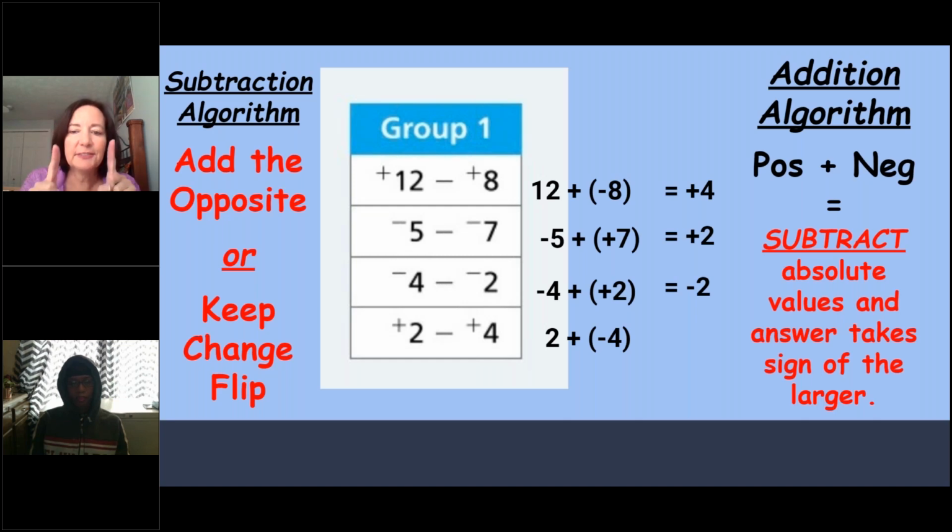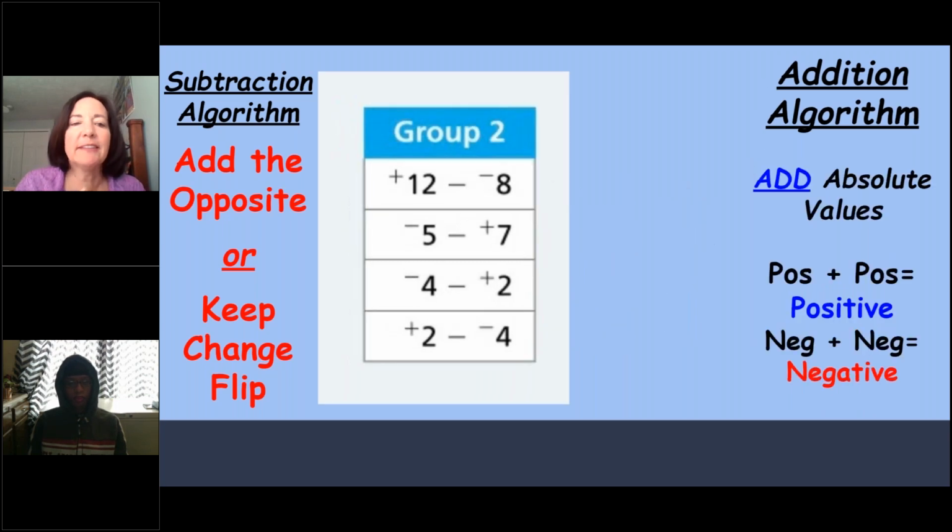Different signs. We've got a positive and a negative that we're adding, so we don't add the absolute values. We subtract them. Try again. Okay, a -2. Perfect. It's tricky. It just takes practice.